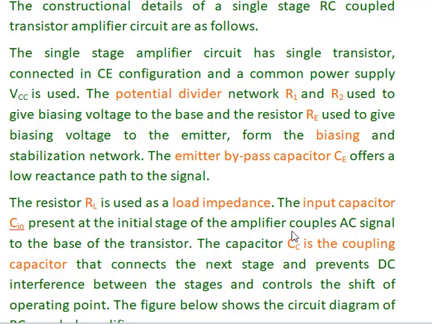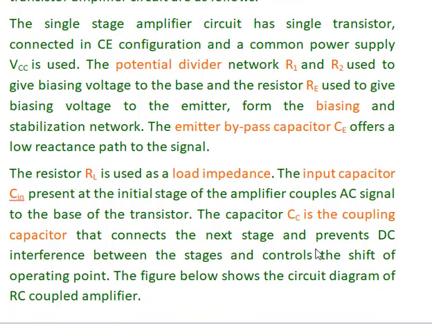The input capacitor is present in the initial stage. It couples the AC signal, that is the input, to the base of the transistor. And another capacitor, CC, the coupling capacitor, is also present in this circuit.